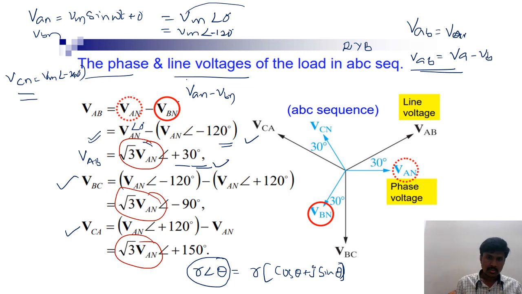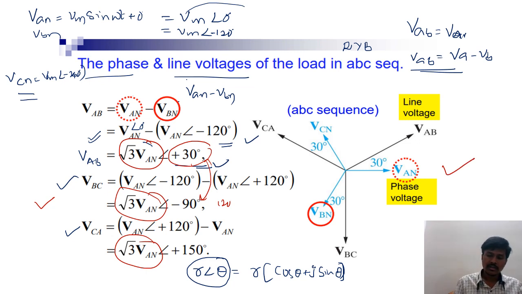And also the first phase is having plus 30 degrees, next is minus 90, and next is plus 150, each having 120 degrees displacement.